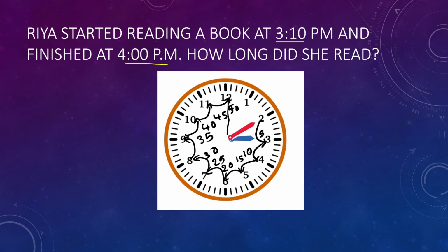This is 4 o'clock, isn't it? So it takes 50 minutes. If you draw a clock and mark the start time, then you figure out how much time there is from the start time to the end time. You figure out how many minutes have elapsed, so you can find the correct timing.